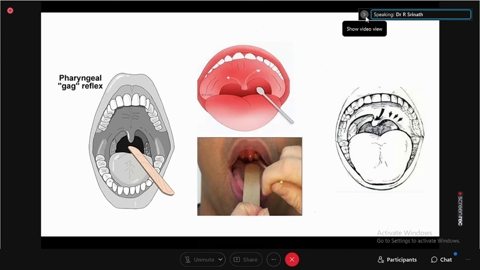Whereas in pterygoid as well as in tongue weakness, it is pushed to the abnormal side by the normal acting muscles. Here it is pulled to the normal side. So that is the important difference between these cranial nerves.